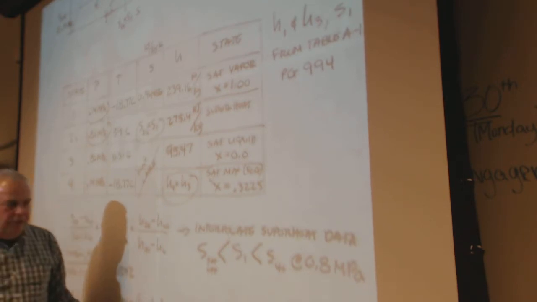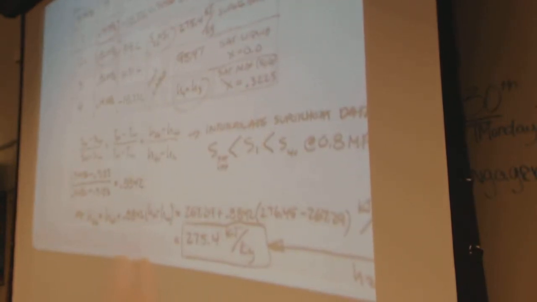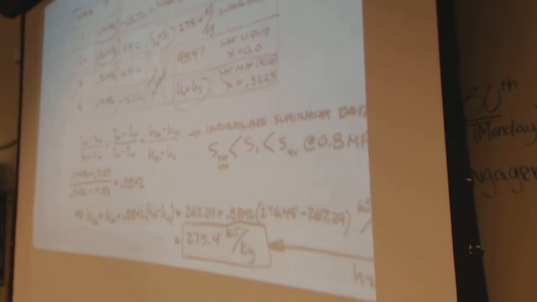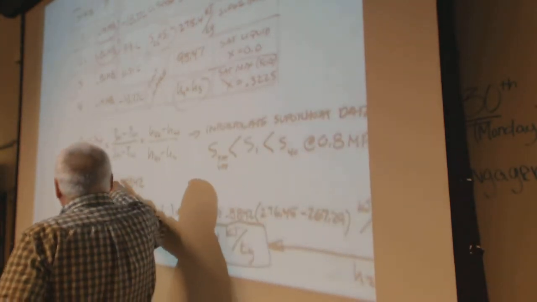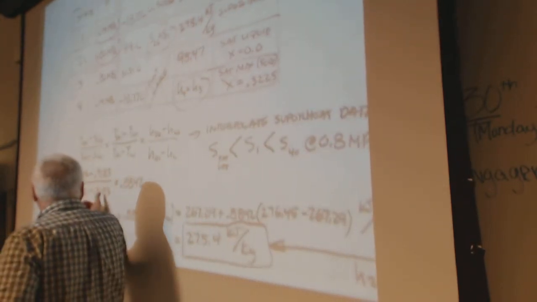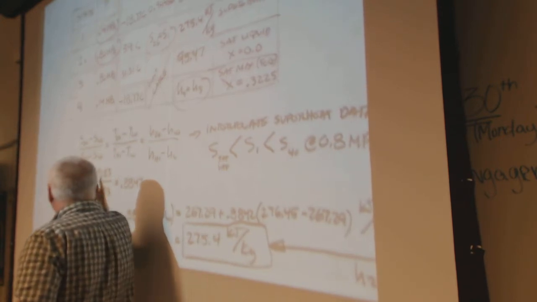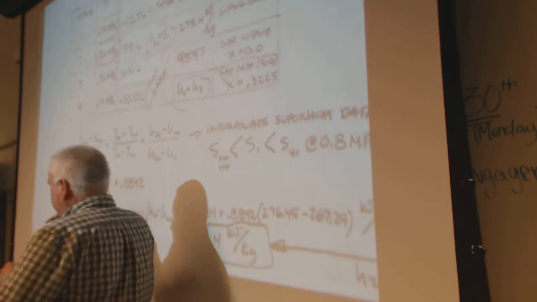Those 2 temperatures must have been 30 and 40 degrees. So this is the value for 30 degrees, that's the value for 40 degrees C. And when we do this, we find it's 0.8842 of the way from 30 to 40.